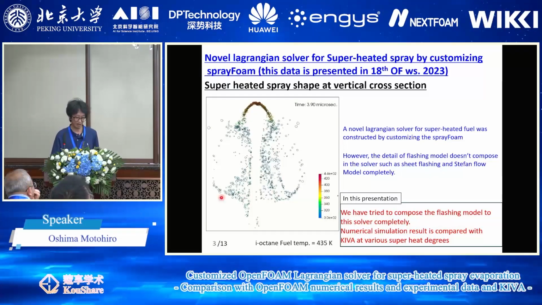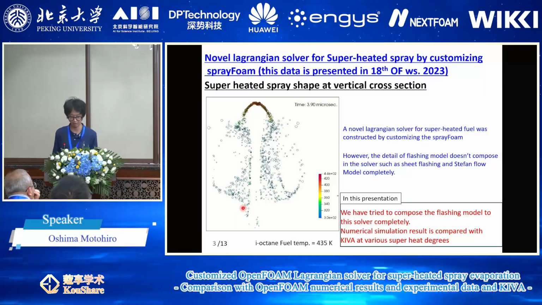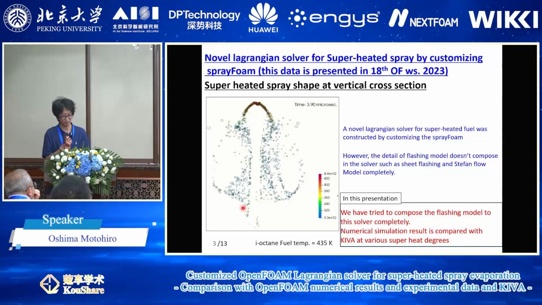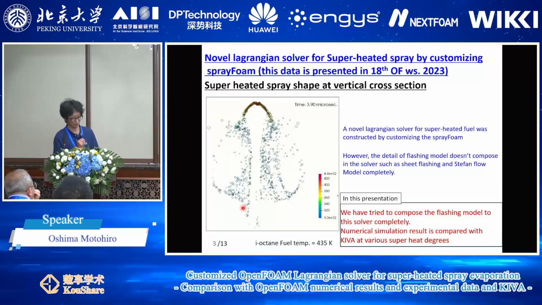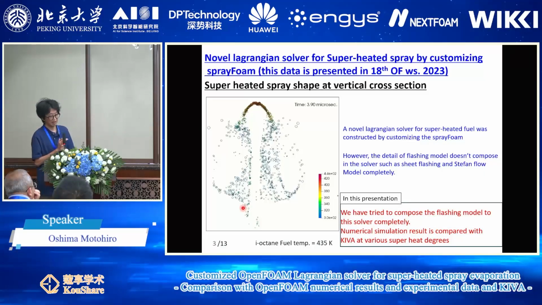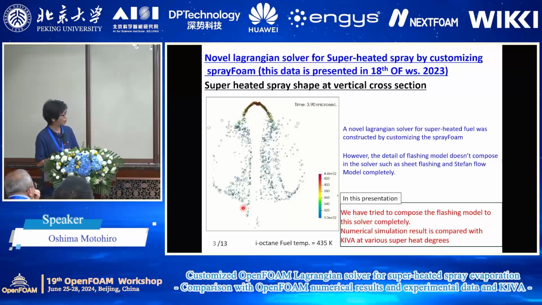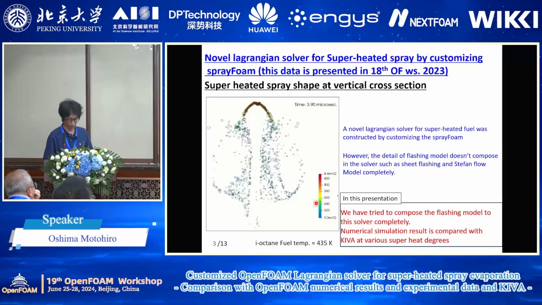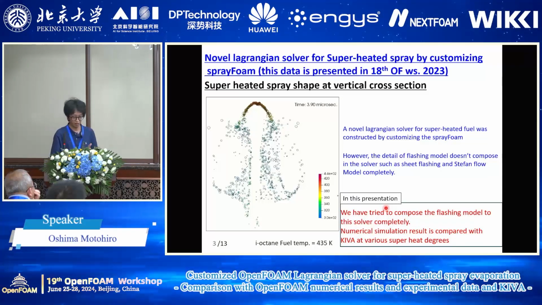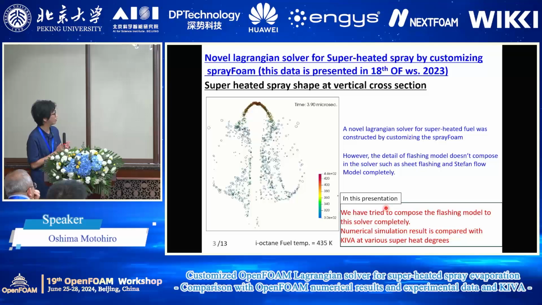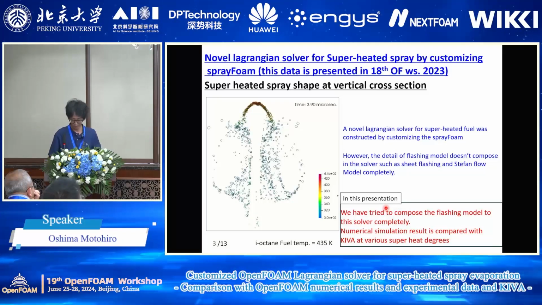However, the details of the flashing model, such as the sheet flashing and the Stefan flow modification, are not completely composed in the solver. In this presentation, we have tried to compose the flashing model into this solver completely, and the numerical simulation results are compared with Kiva at various superheat degrees.